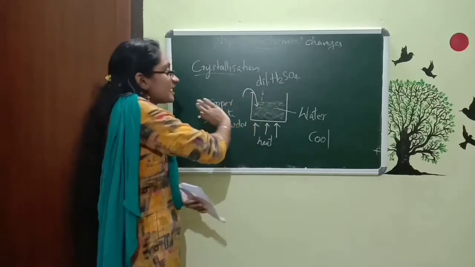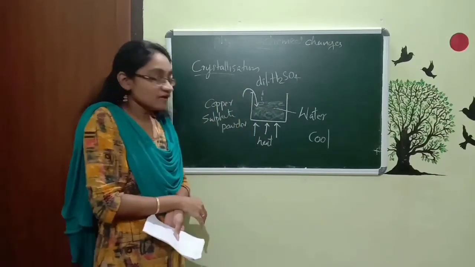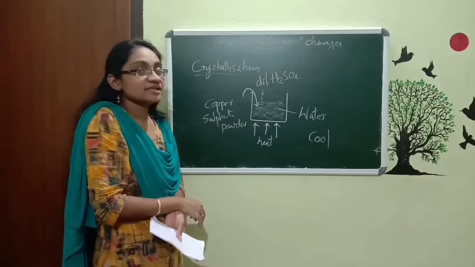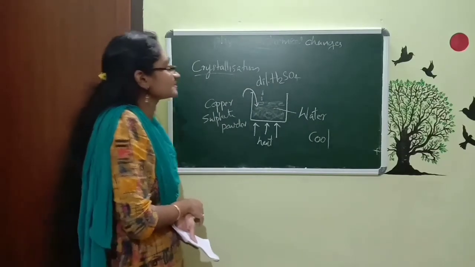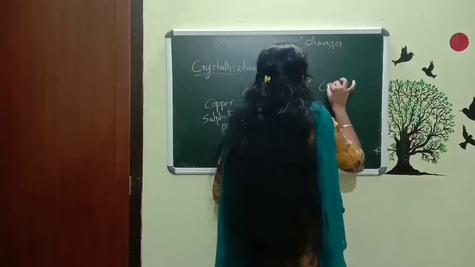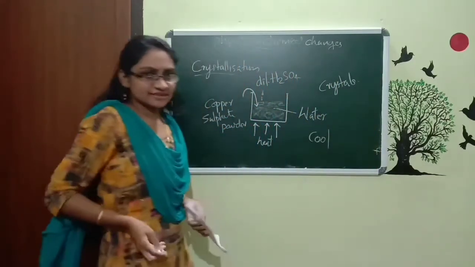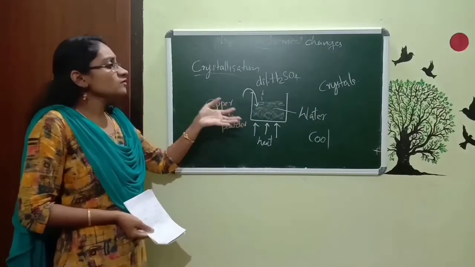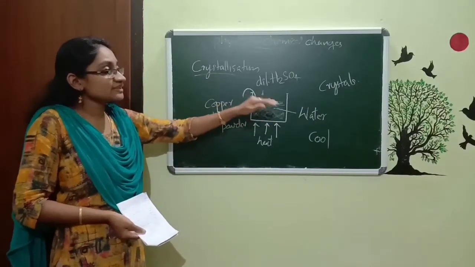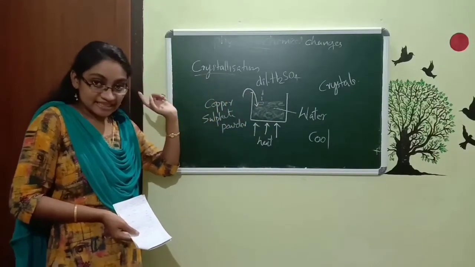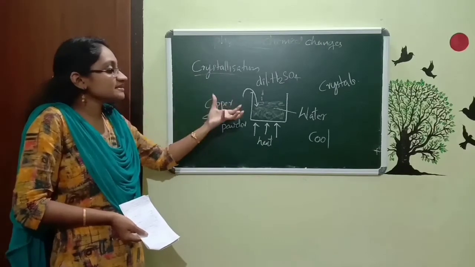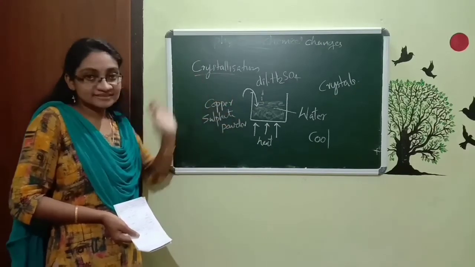After some time, you can see that they form the crystals of copper sulfate. In this example also, the process that happens is what? Crystallization. Here we made the crystals by the process of crystallization.